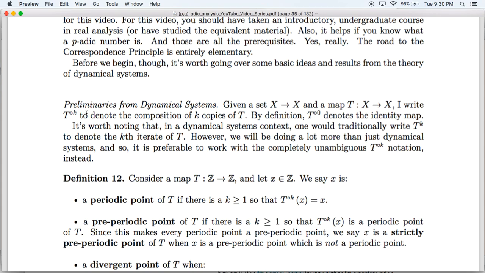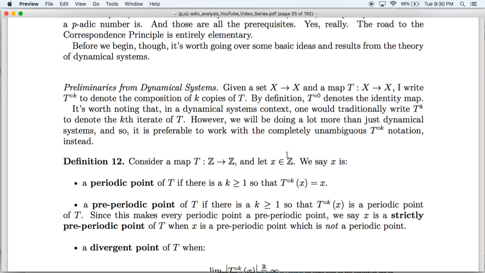In a dynamical systems context, traditionally one would not write the circle and just write T to the k to denote the kth iterate of T. However, 1, I am very pedantic. I cannot emphasize that enough. And 2, we're going to be doing a lot more than just dynamical systems, so it's preferable to work with the completely unambiguous T circle k notation.